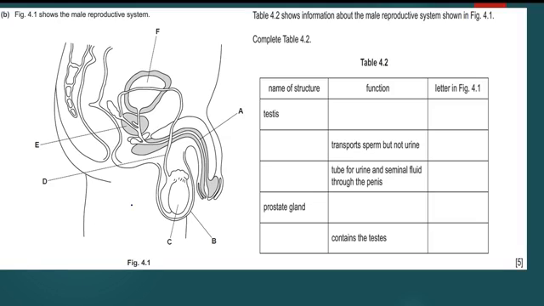Now look at that diagram. Also, we can be asked from what we have just discussed. The first question, name of structure, the testis. So remember the testis, we said that the testis will be C. According to this diagram, the testis will be C. So you come there, the letter, you give it that. Then the function, you can give it one function whereby we said it's the one responsible for the production of sperm.